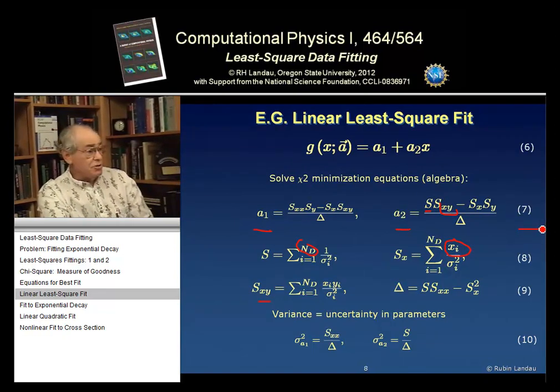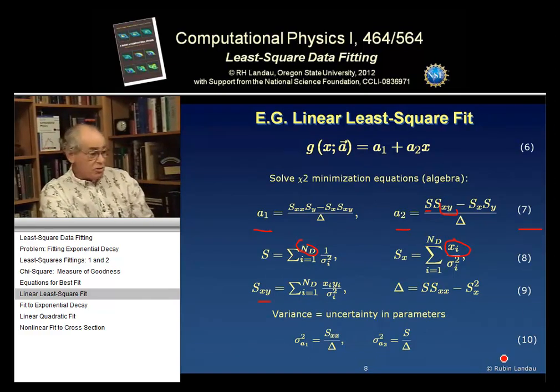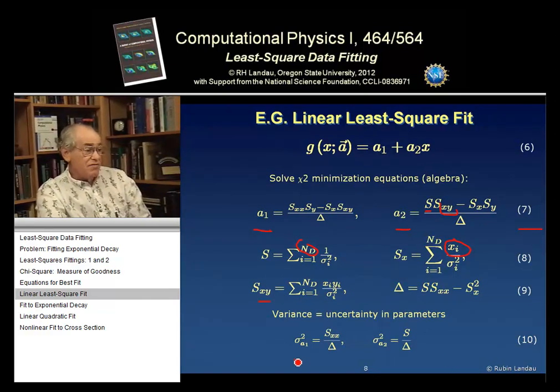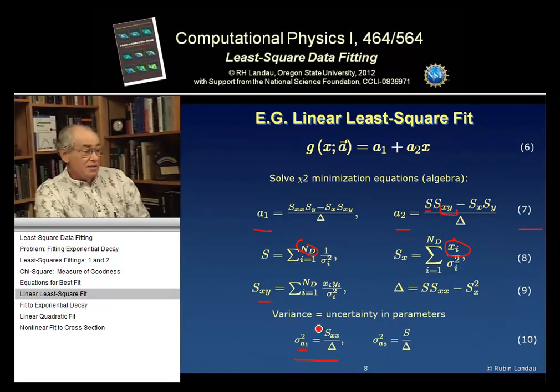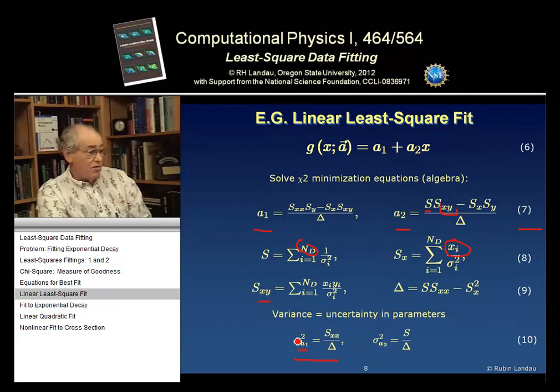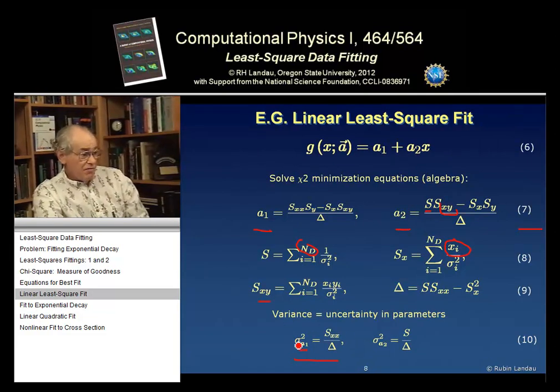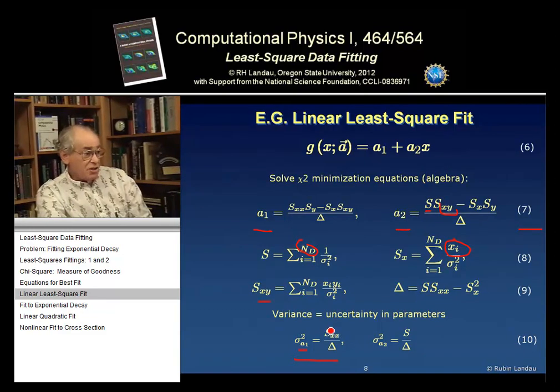So you hear statisticians talking of the certainty in these equations. Well, what we can say here is the variance, the expected uncertainty in A1, is called sigma squared. The square root of that is often used as well. The variance, sigma squared, is just this number sxx, which we calculate over here, divided by delta.